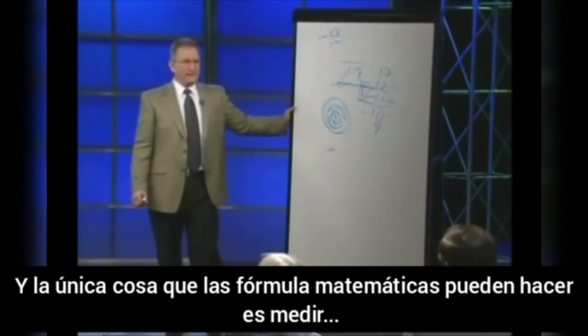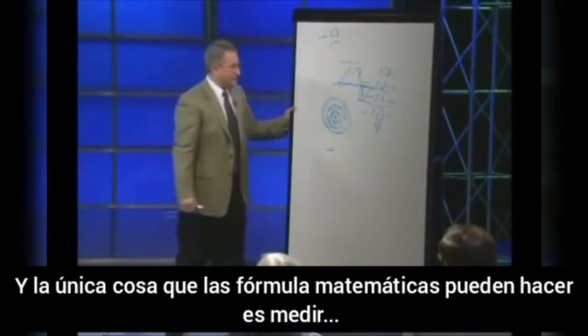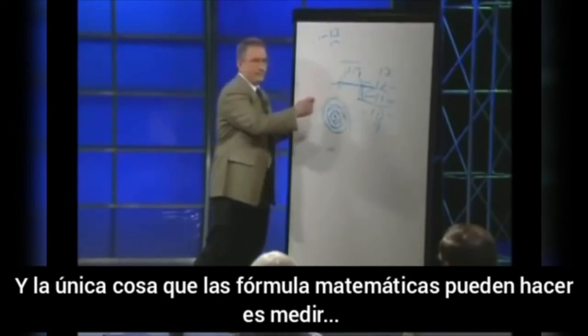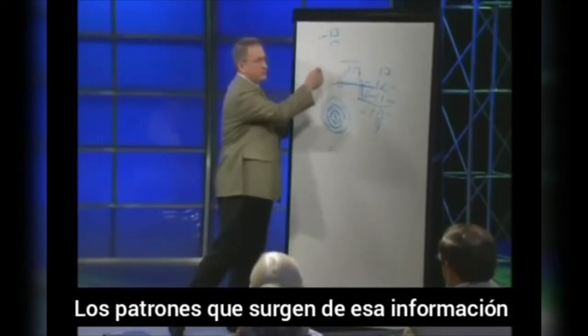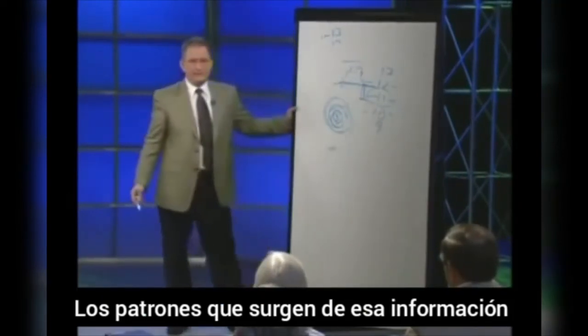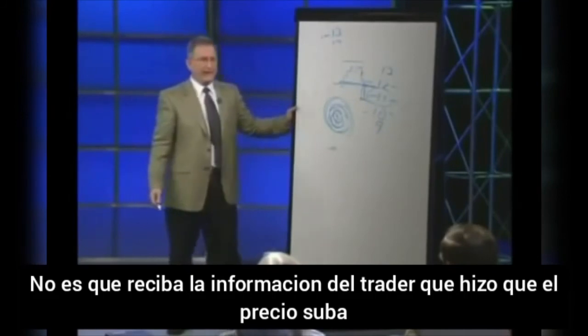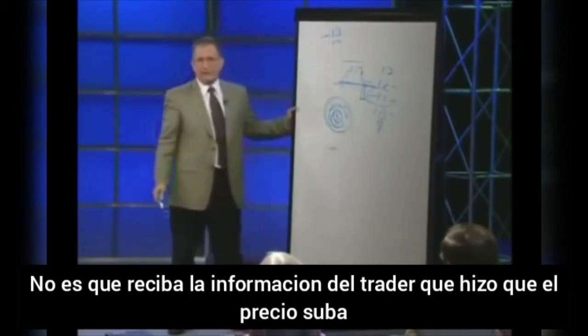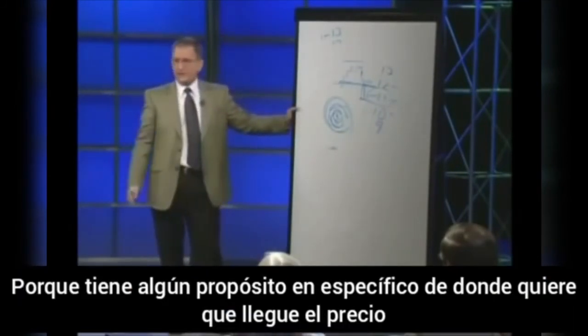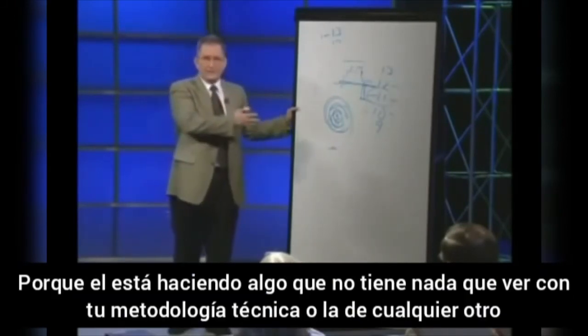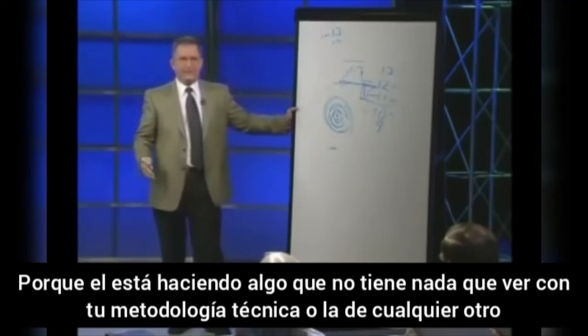And the only thing that mathematical formulas can do is actually measure the patterns that result from that information. It isn't getting the information of the guy who actually bid the market up by taking out all the offers because he's got some specific agenda about where he wants to see the prices go, because he's doing something that has nothing to do with your technical methodology or anybody else's.